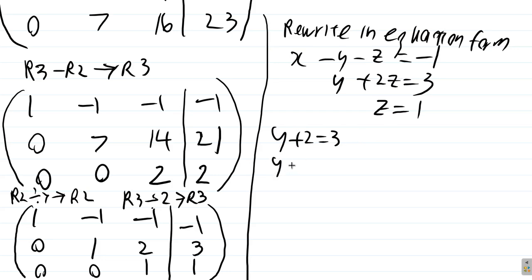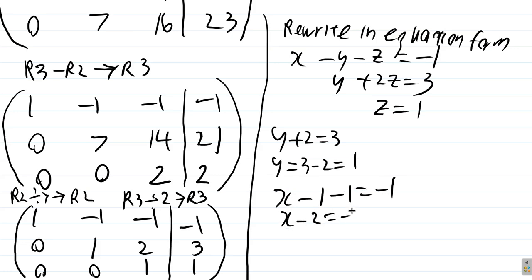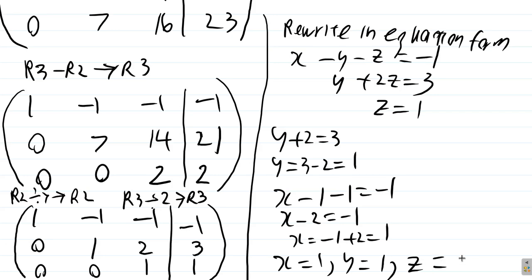So y equals 3 minus 2 equals 1. Good. We get z is 1, y is 1. Substitute in equation 1 now. x minus 1 minus 1 equals negative 1, so x minus 2 equals negative 1. So x is negative 1 plus 2 equals 1. Good. So x is 1, y is 1, z is 1.